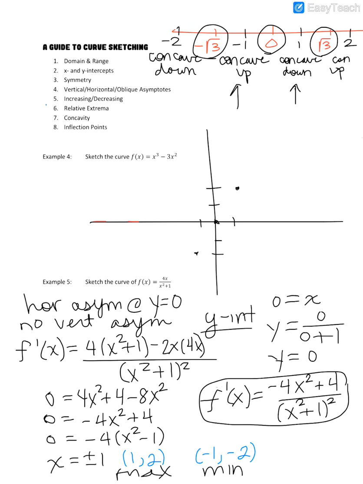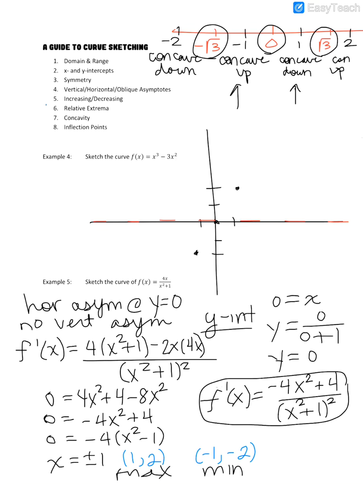And I have an asymptote at y = 0. That's going to be important. So remember, when you have a horizontal asymptote, it doesn't mean you can't cross it. It means that as we go out to the left and to the right, our graph is going to hug that line, okay?